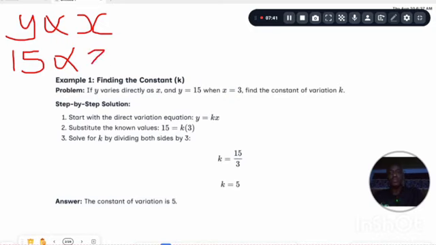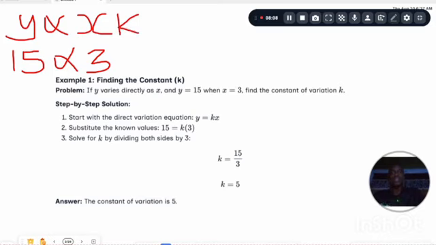But before we proceed, if we have it this way, you'll be wondering what to do. 15 varies as 3, or 15 equals 3. Something is missing, which is what we want to calculate, k. So by the time we describe the relationship with this kind of equation, we are supposed to add our constant, constant k.